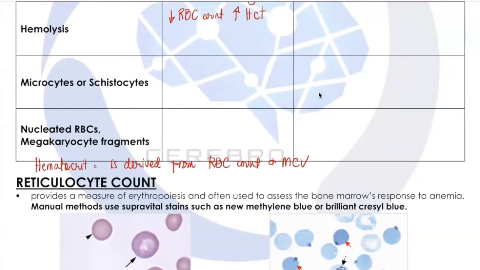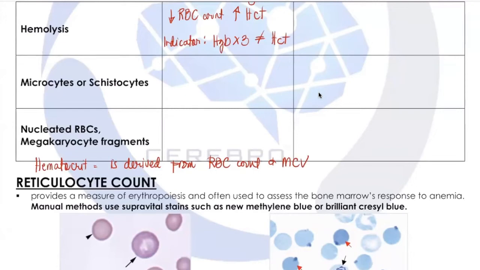So what would be our indicator here? Our rule of 3 will not coincide: the hemoglobin times 3 will not be equal to your hematocrit value.